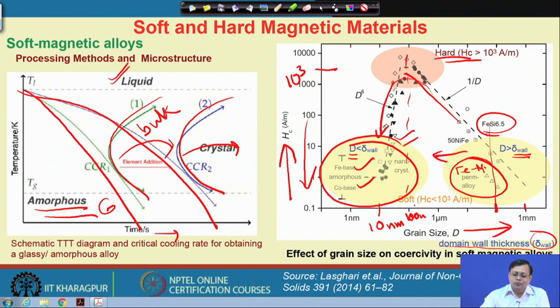So, we have a crossover between these two different length scales in terms of grain size. We will continue this discussion in the next class in detail. So, for today we close our discussion and thank you very much.